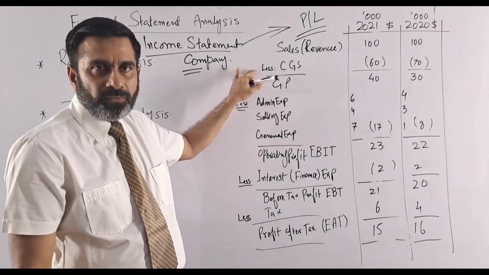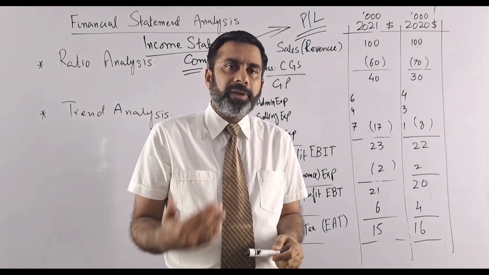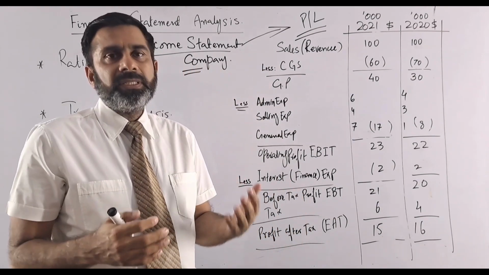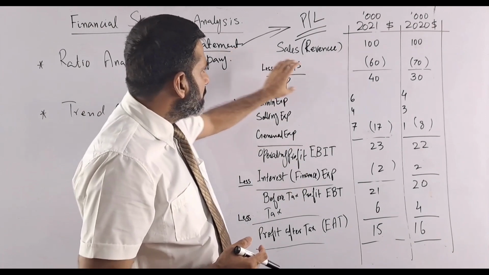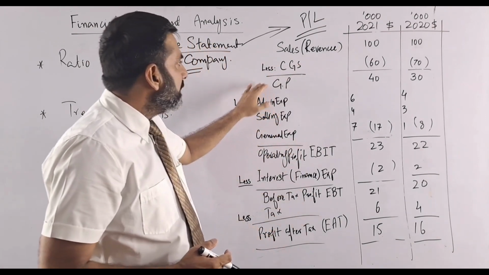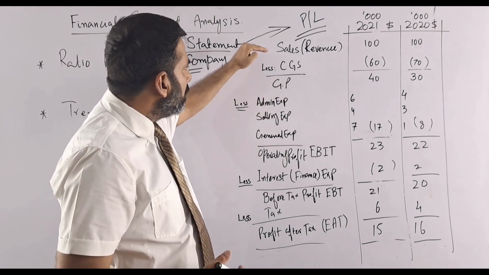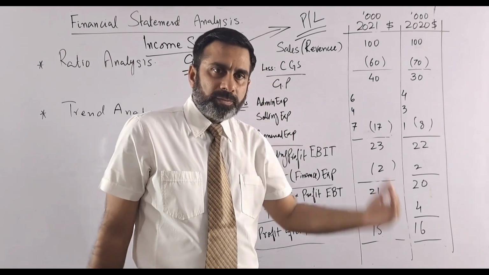Then the cost of goods sold. For trading or manufacturing companies selling goods, obviously there will be some cost, so that cost is presented here. If we subtract the cost of goods sold from sales, we get the gross profit.